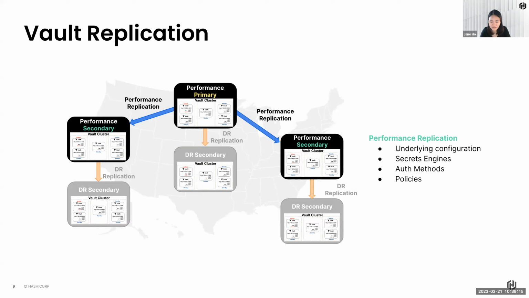So the underlying configuration may include things like your secrets engines, your auth methods, and your policies. And your secondary clusters will be located in different geographical regions so that your workloads that are hosted closer to that Vault cluster only need to communicate with the cluster that's closest to it. So that firstly reduces latency, and secondly, with the next feature we'll talk about, that will help with data residency requirements.